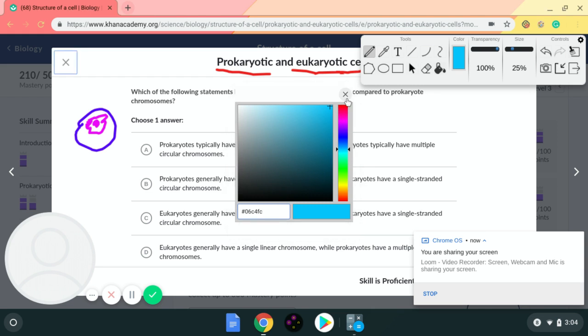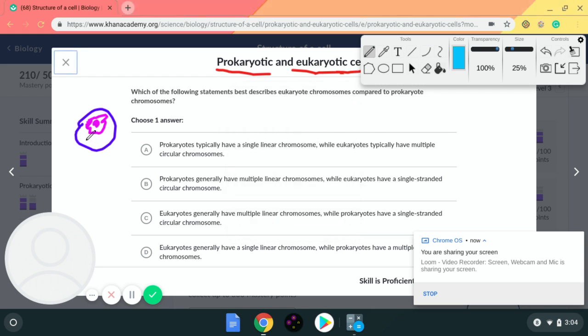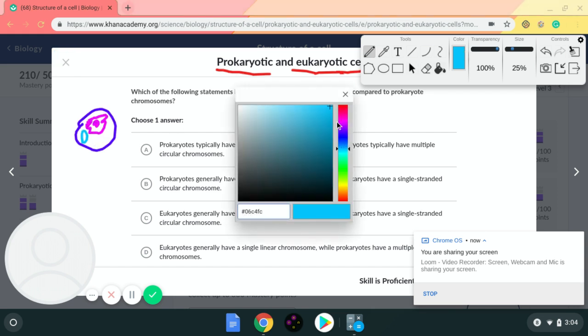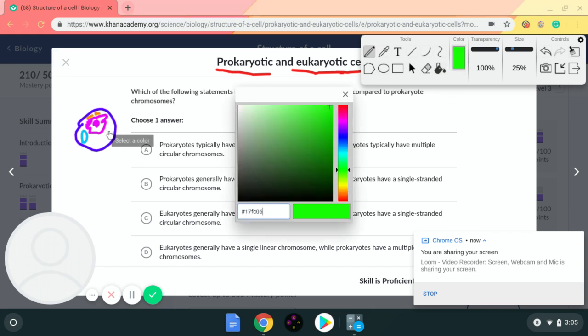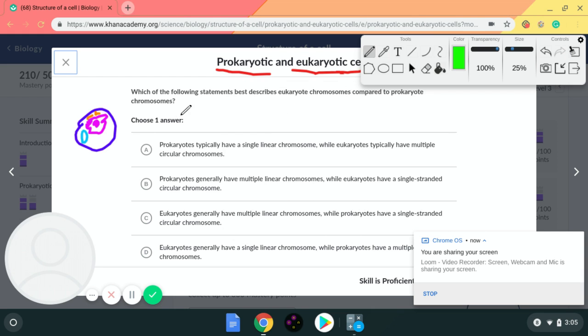So maybe a vacuole here, a couple of mitochondria there, maybe an endoplasmic reticulum over here. But, you know, that's the point.